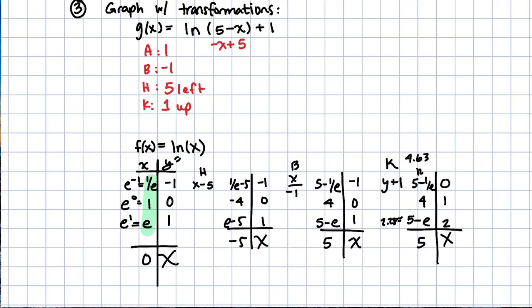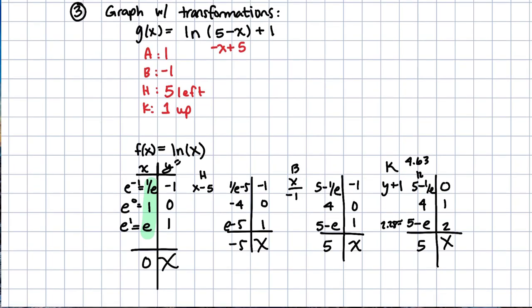And okay, ready to graph. Actually, sorry, I thought I noticed a mistake, but I think we're good. I'm just checking everything over again. It's always a good idea to check before you graph. No, we're good.